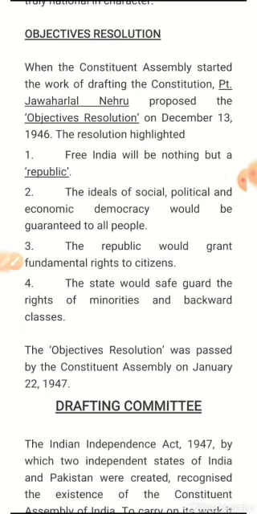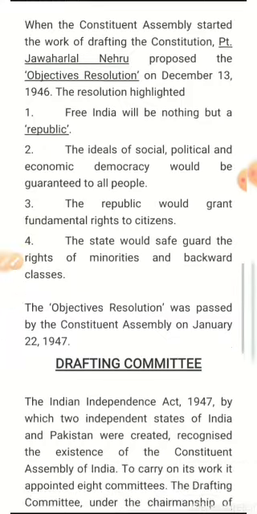The second one is the ideals of social, political, and economic democracy would be guaranteed to all people. Now, the third one is the republic would grant fundamental rights to citizens. The fourth one is the state would safeguard the right of minorities and backward classes. The objective resolution was passed by the Constituent Assembly on January 22nd, 1947.